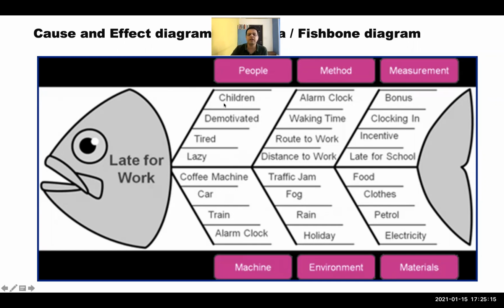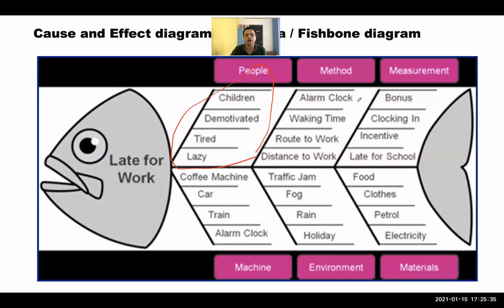People: maybe this individual has children at home, or he's demotivated, extremely tired from working late at night, or simply he could be a lazy person. This could be one set of reasons why he is coming late. Possible? So he has identified this under people. The second reason is method.